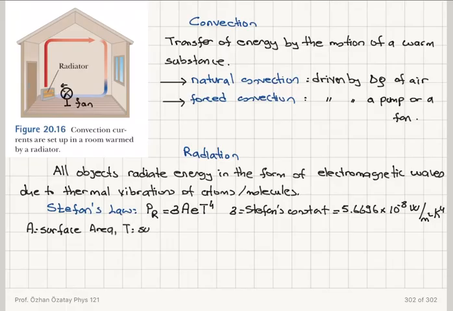T is surface temperature, so that will be in Kelvin. And E is emissivity. Emissivity is the ratio of absorbed radiation to incident radiation.